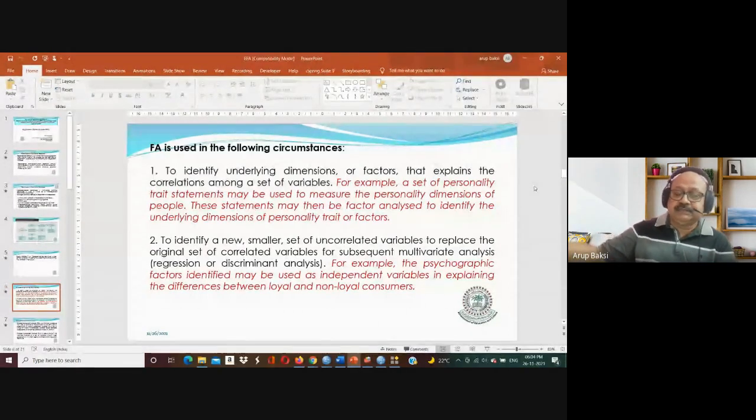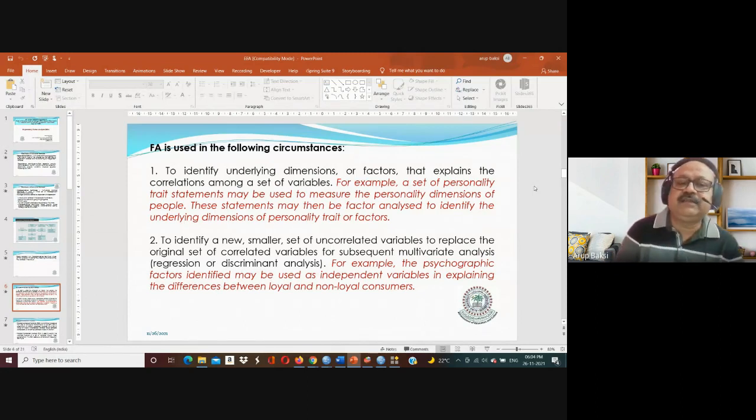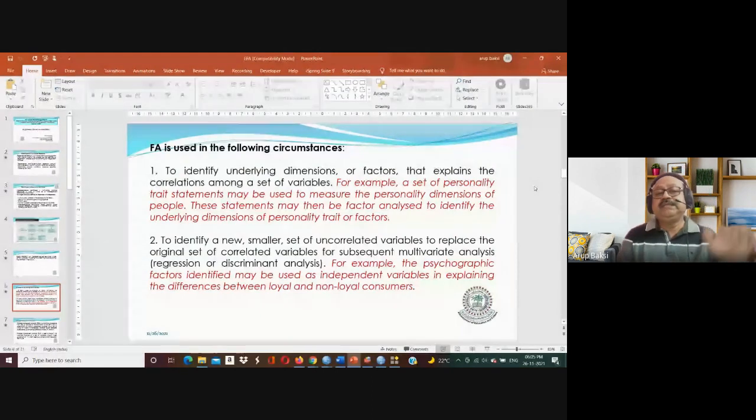or representations or manifestations of introvertness. So we have a series of statements, and across those statements, we normally use a scale. Based on that particular scale, normally an interval scale, the respondents are required to provide their ranking, and that ranking can range from 1 to 5 or 1 to 7, and we put the entire data set into this factor analysis process to identify which statements converge into a single factor or a single component.